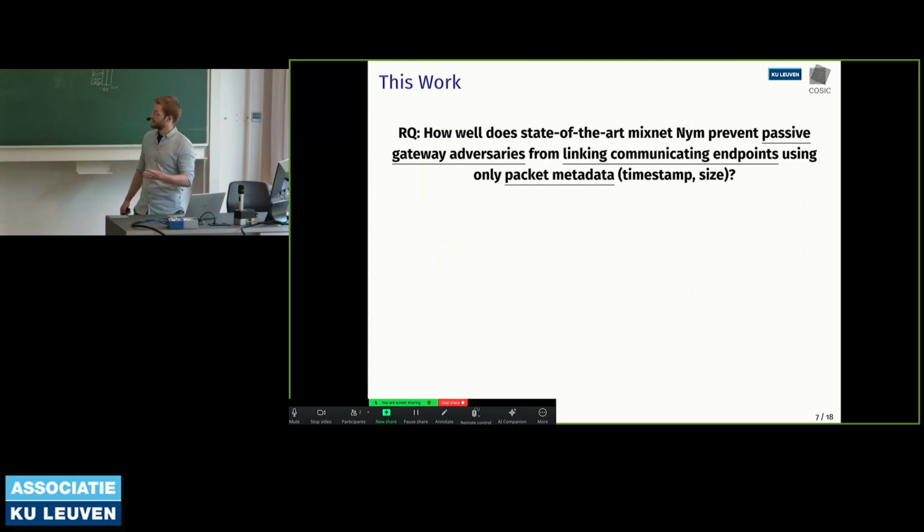Okay, so then let's come to the question that this work answers, or tries to answer. Specifically, the research question: how well does a state-of-the-art Mixnet, in this case NIM, prevent passive gateway adversaries? This is why I explained this position before. We're just working on this gateway layer, so in between the users and the Mixnet. So how well does NIM prevent passive gateway adversaries from linking communicating endpoints using only this packet metadata?